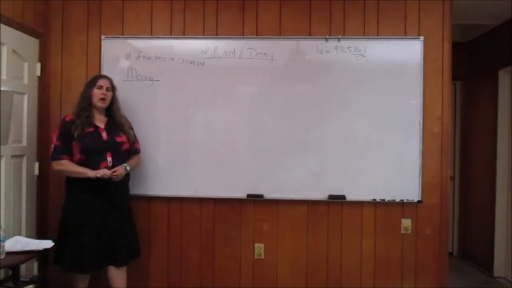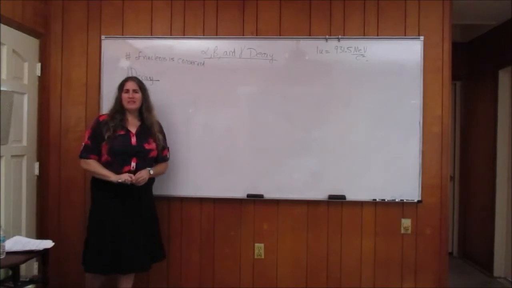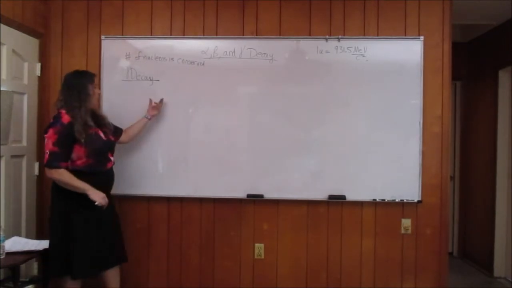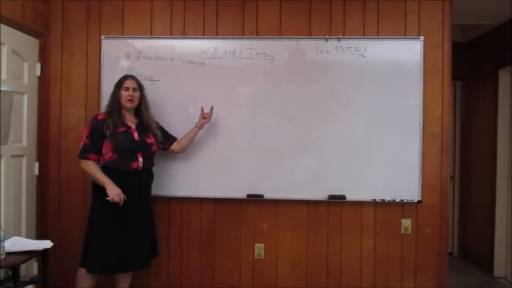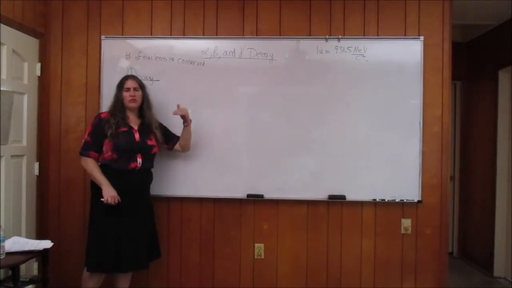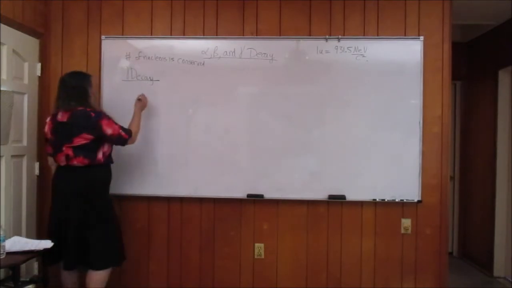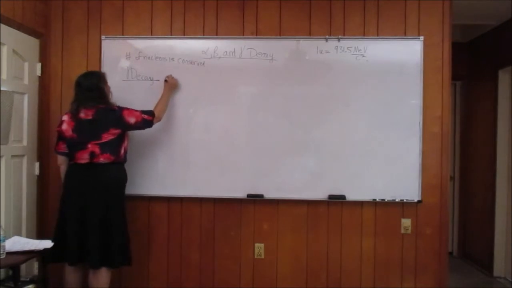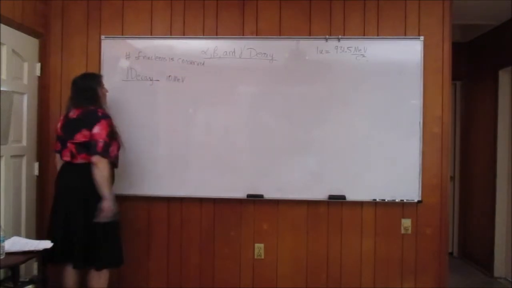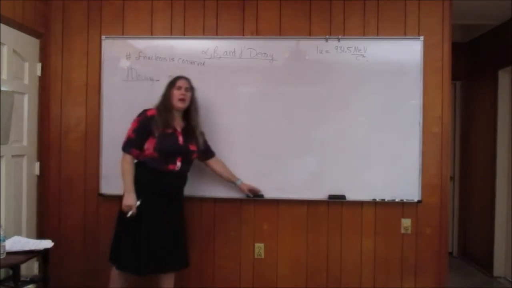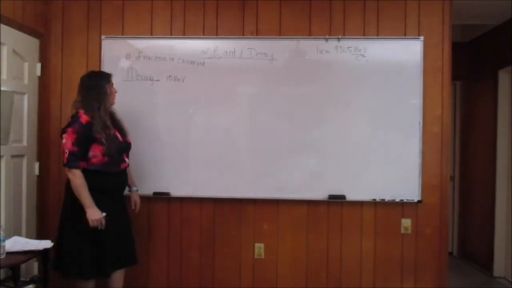In gamma decay, the nucleus is in an excited state and it emits a photon, and in so doing it returns to the ground state. As I mentioned, gamma rays can have energies up to 10 megaelectron volts.